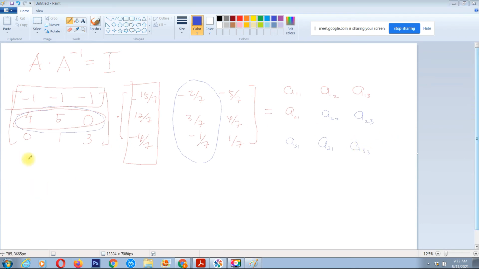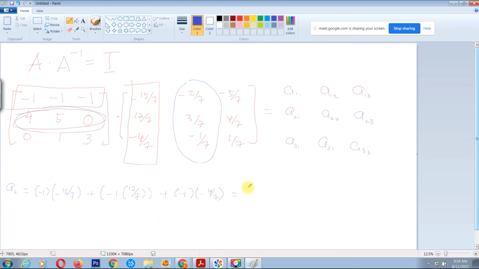So A11, how to get A11? Negative 1 times negative 15 over 7, plus negative 1 times this element 12 over 7, plus negative 1 with the last element negative 4 over 7.